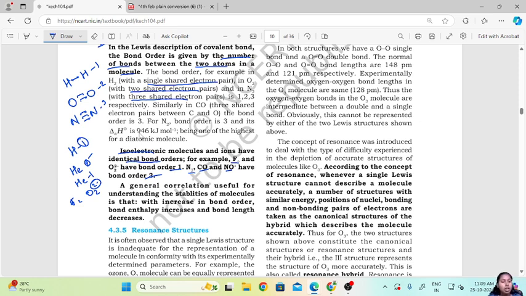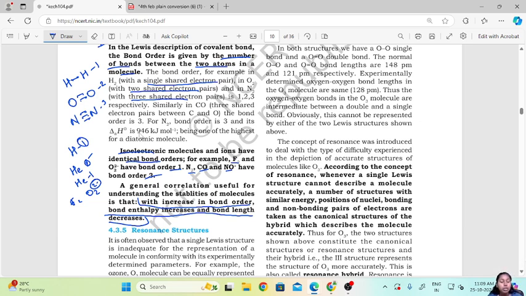Now, a general correlation useful for understanding the stability of molecules is that with an increase in bond order, bond enthalpy increases and bond length decreases. So this point is very important. This is a general relationship between the 3 concepts that we have learned so far: bond order, bond enthalpy and bond length.